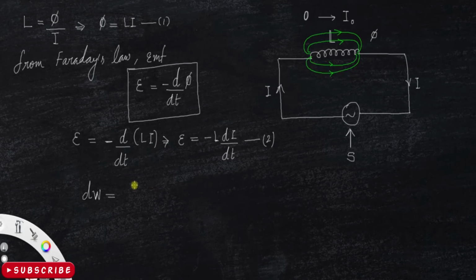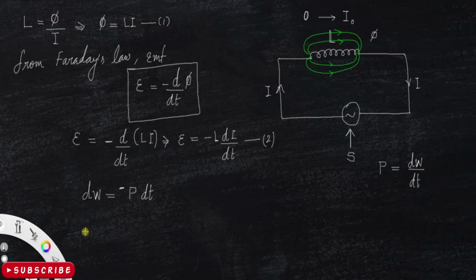By definition, power is the rate of doing work, dw by dt. So work is equal to power into dt. Again, this work has to be against this EMF, so I have to put a minus sign.